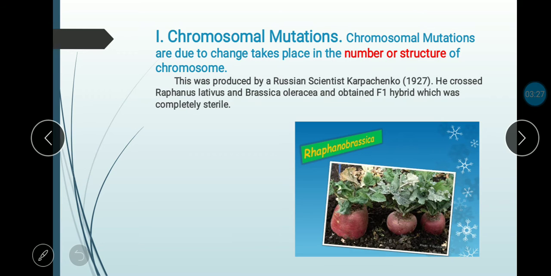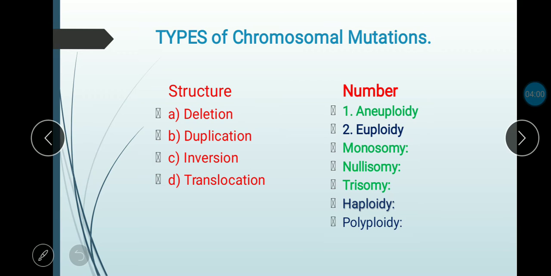It has no ability to fertilize and produce the next generation, but this F1 hybrid has the beneficial factors of both selected plants, that is cabbage, Brassica, as well as Raphanus. Such varieties can be made by chromosomal mutations on the basis of structure and number.